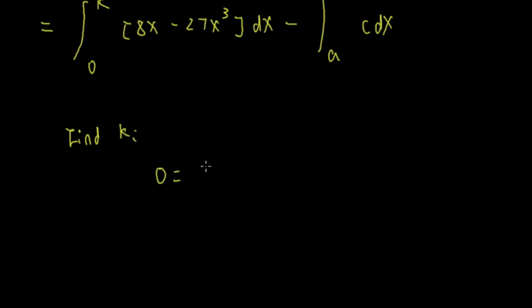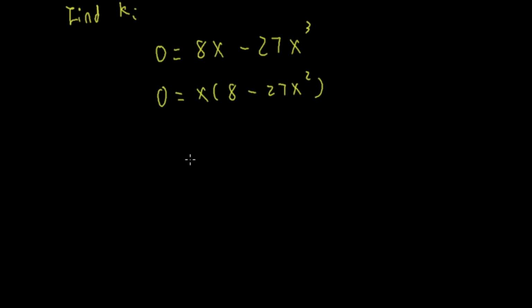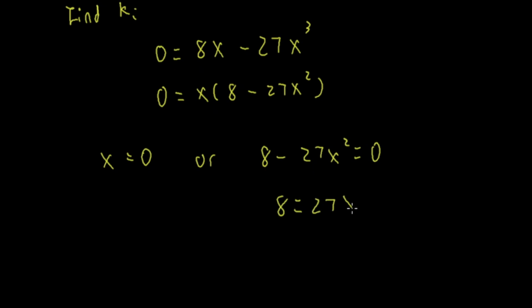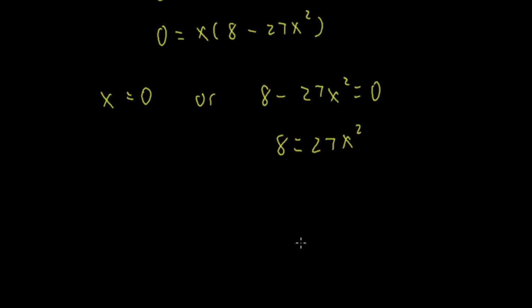So you set 0 equals ax minus 27x cubed. Now, factor the x out. You have 0 equals x times (a minus 27x squared), right? Okay, now from here you have x equals 0 or a minus 27x squared equals 0. So this will be a equals 27x squared. Now x squared is equal to a over 27. Now take the square root of both sides.